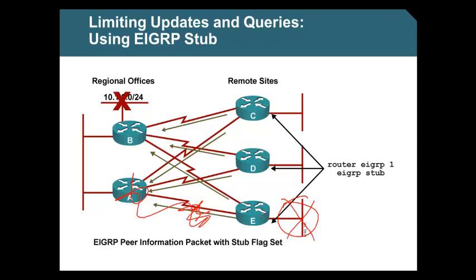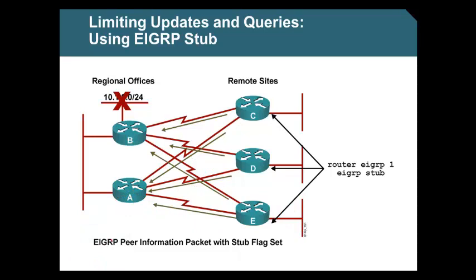So E doesn't really have anything to advertise, correct? Because it is not connected to any other router nor LAN. E has got nothing to advertise. So you can configure receive only, so that it will receive updates from B, and it will tell B, I don't have anything to give you. That's what receive only means.